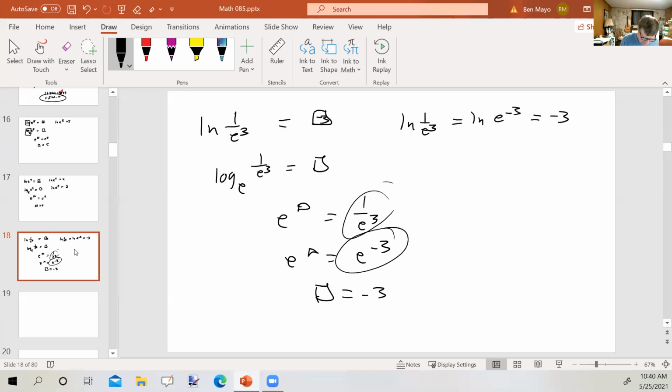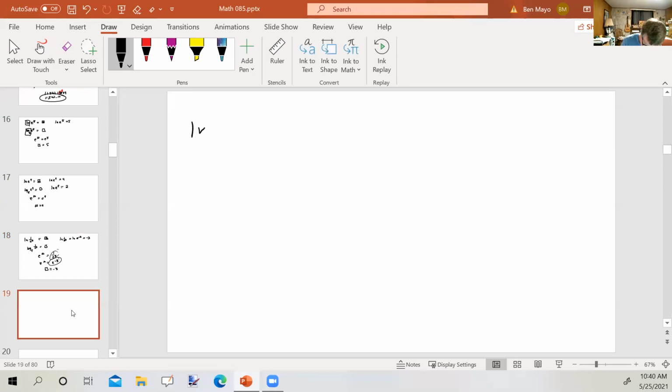Okay. How about this one? The natural log of the 4th root of e cubed. Well, that's equal to some unknown quantity. Again, natural log is the same as log base e.